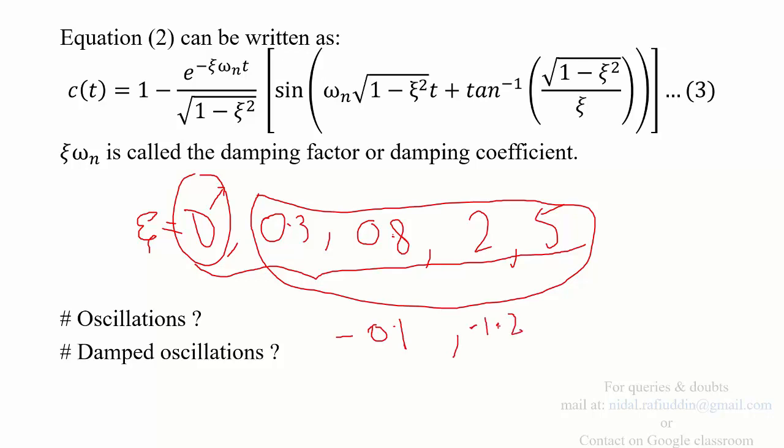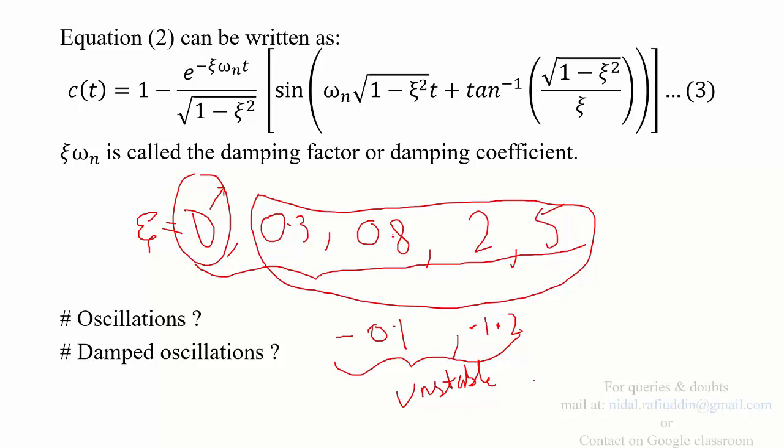These are negative values of zeta and they are unstable cases, which means we say the system is unstable when, for a bounded input, let's say we have provided a step input which is not going beyond limits, you get an output which goes beyond limits, so there is no bound on the output for a bounded input. Then you say that the system has become unstable.